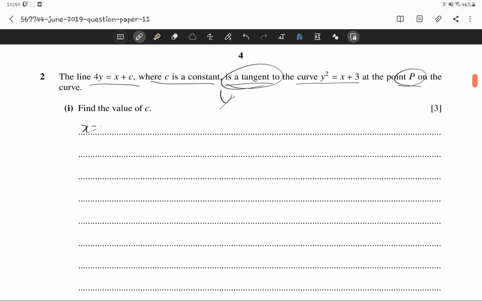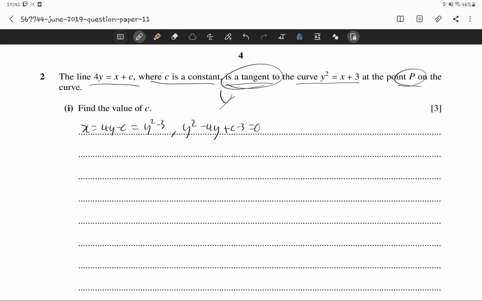x equals 4y minus c, which is the same as y squared minus 3. So y squared minus 4y plus c minus 3 equals 0.